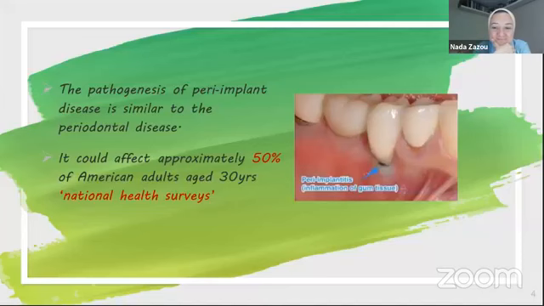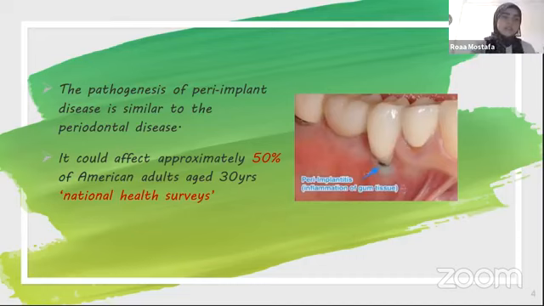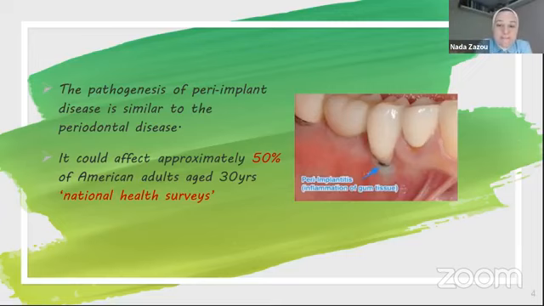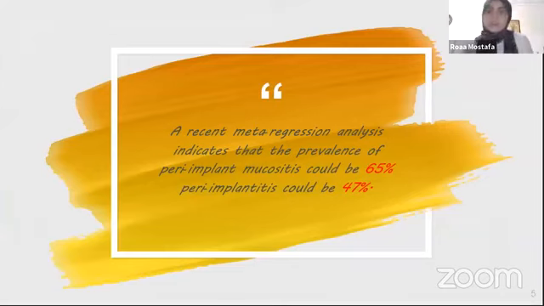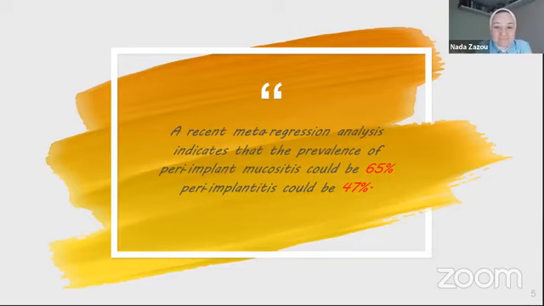So the pathogenesis of peri-implant disease is similar to periodontal disease, and it could affect 50% of American adults, according to the National Health Surveys. Concerning the prevalence, Dina talked about that multiple studies have published different prevalence figures, because each study focuses on different factors.